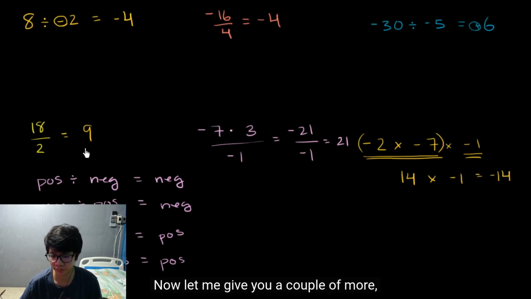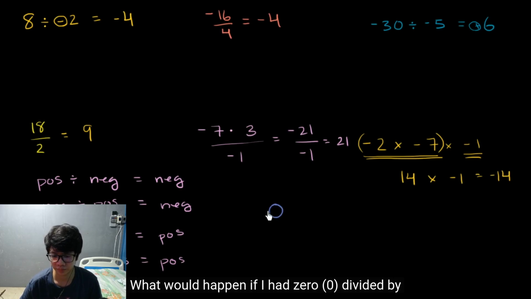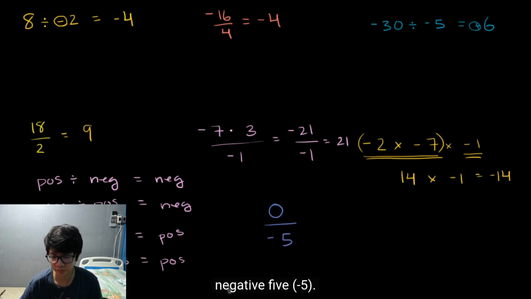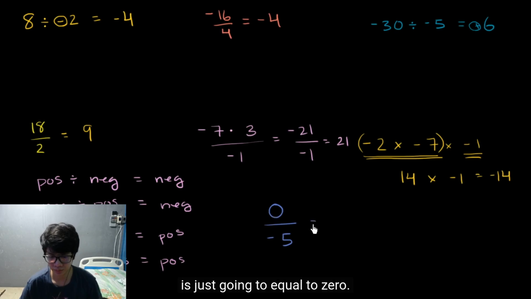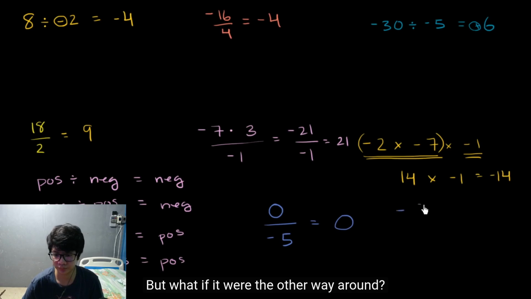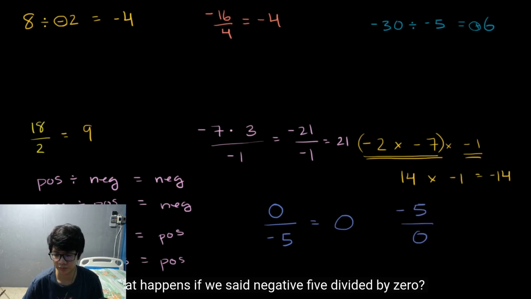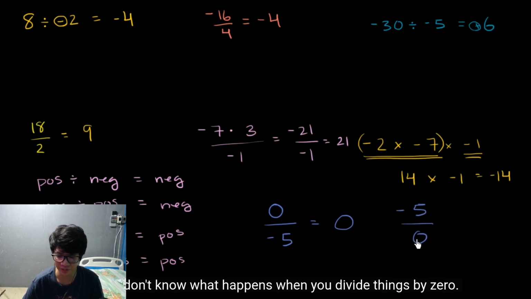Now let me give you a couple more, I guess we could call these trick problems. What would happen if I had 0 divided by negative 5? Well, this is 0 negative fifths, or 0 divided by anything that's non-zero is just going to be equal to 0. What if we were to do the other way around? What happens if we said negative 5 divided by 0? Oh no. Well, we don't know what happens when you divide things by 0.